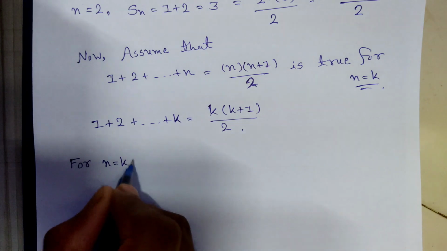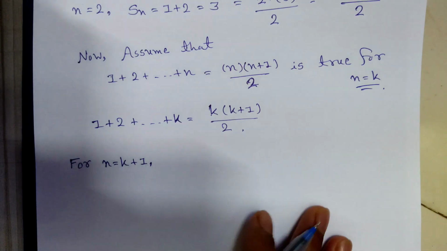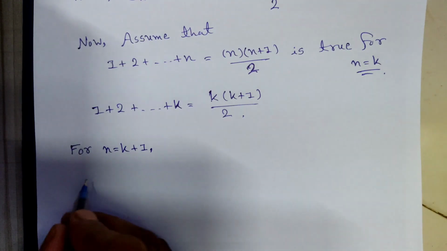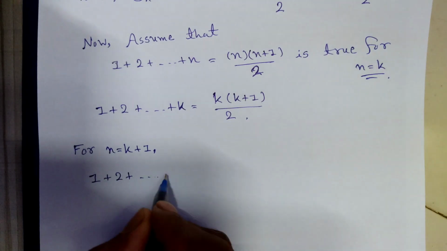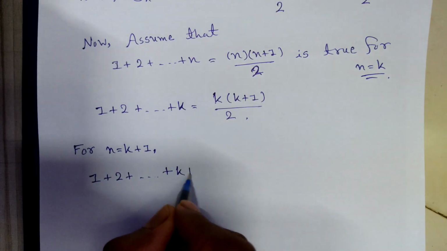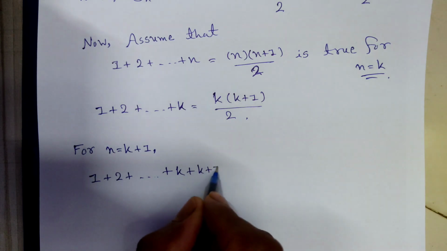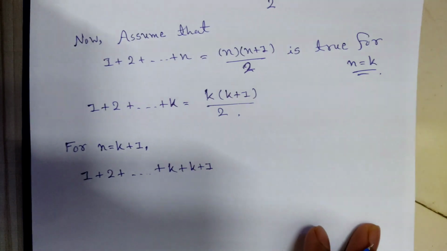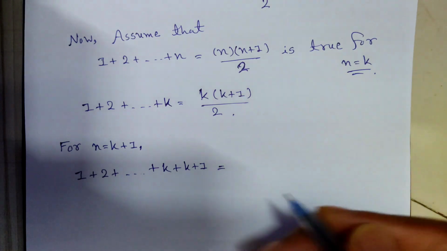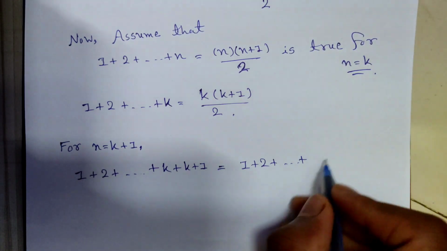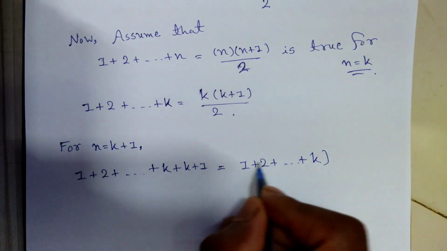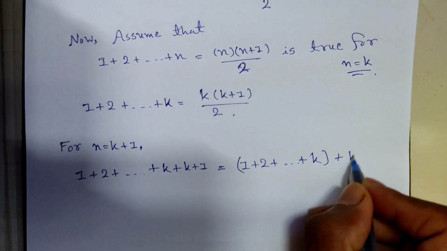For n equals k plus 1, the sum 1 plus 2 plus up to k plus k plus 1, which is 1 plus 2 plus up to k plus k plus 1.